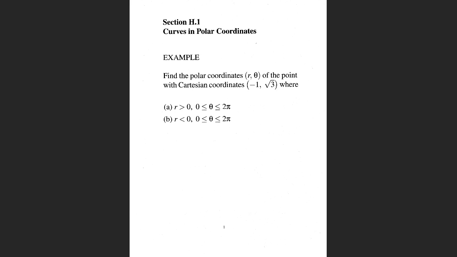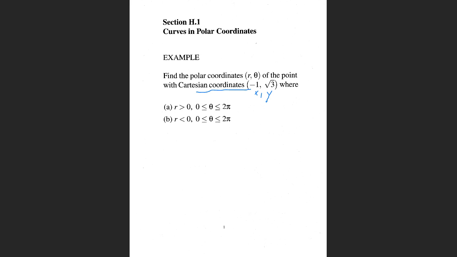Okay, so here we want to find polar coordinates for a point that has these two Cartesian coordinates. The -1 is an x, and the square root of 3 is a y.